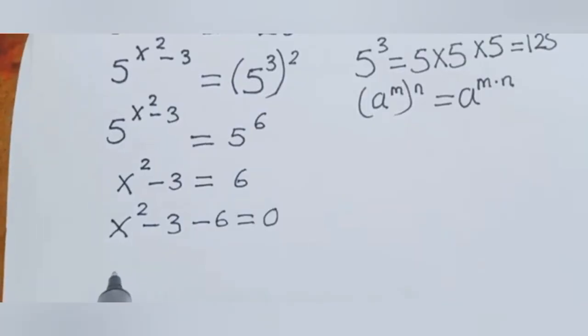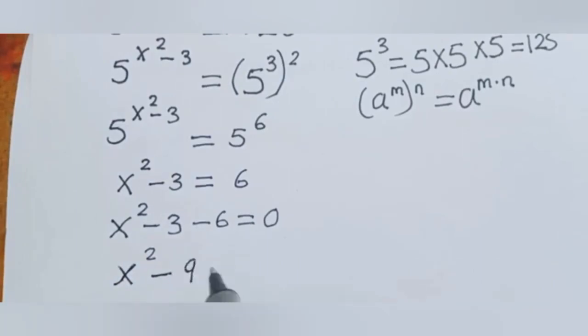Here we have x squared minus 9, because negative 3 minus 6, we get negative 9, which is equal to 0.